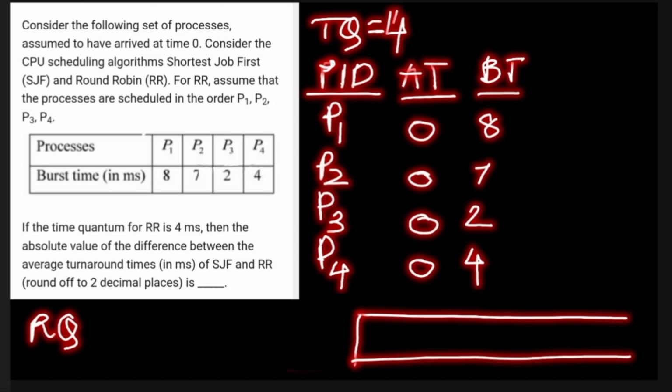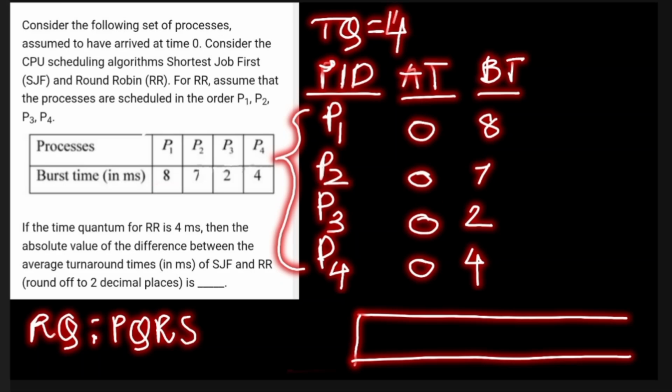First, as all the processes have already arrived at time 0, in the ready queue we have all the processes ready. It is P1, P2, P3, P4.